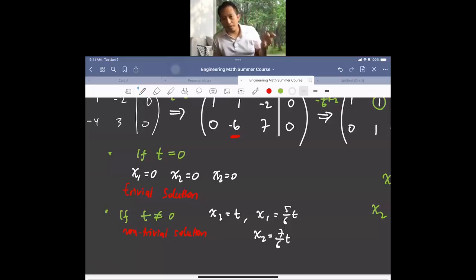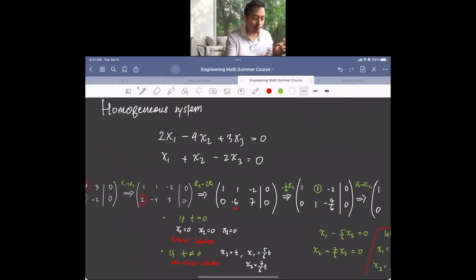This is called the non-trivial solution. So I hope from this example we can easily identify what is the trivial solution and what are non-trivial solutions. Okay, because this might happen also. This is the homogeneous system.